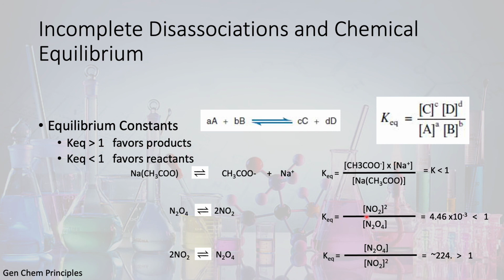So how we report K_eq is completely based on what we decide our products versus reactants are. Even though this is the same chemical reaction, again, remember at room temperature, the formation of nitrous oxide is favored. How we write a K_eq affects the numeric representation of this. So the takeaway from here is, remember, when K_eq is greater than 1, the reaction favors the products, and when the K_eq is less than 1, it favors the reactants.